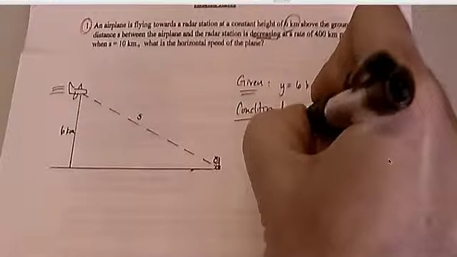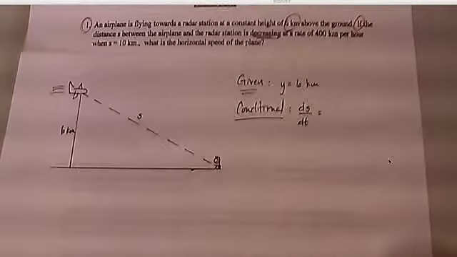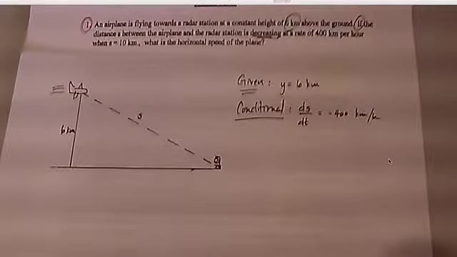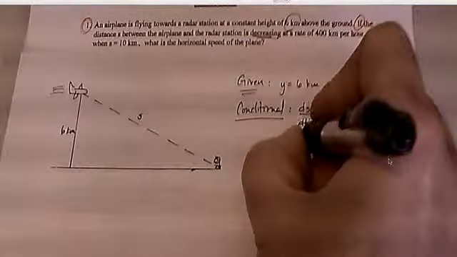So ds/dt, the rate at which s changes with respect to time, is negative 400 kilometers per hour. When s is equal to 10 kilometers, so s is equal to 10 kilometers.